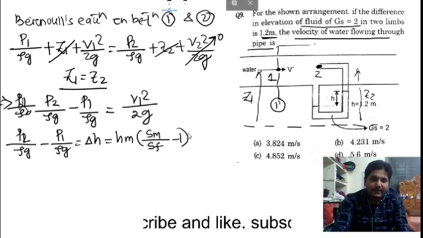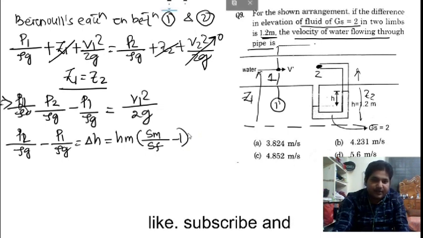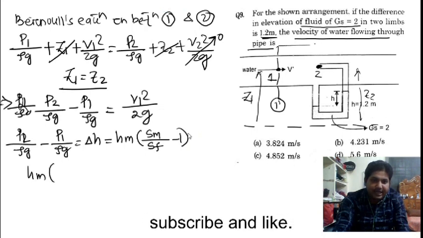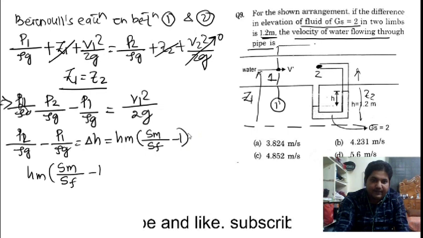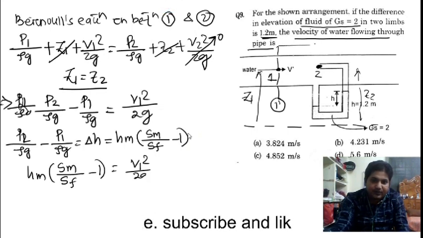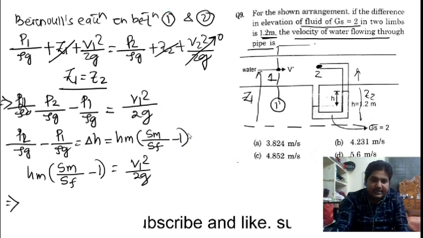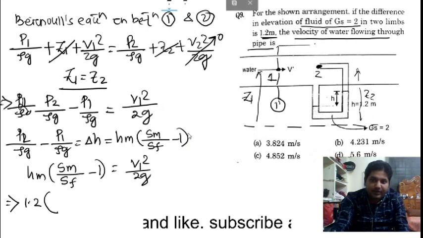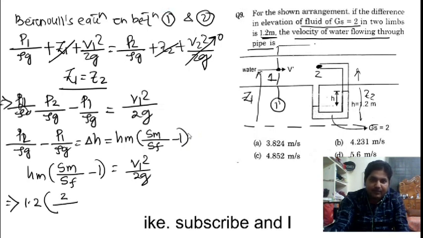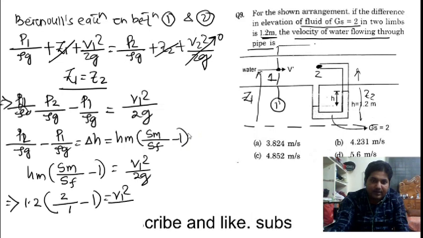So Hm into Sm by SF minus 1 will be equal to V1 square by 2g. What is Hm given to you? This is 1.2, the specific gravity of manometric fluid is 2, specific gravity of water is 1, minus 1, will be equal to V1 square by 2g.